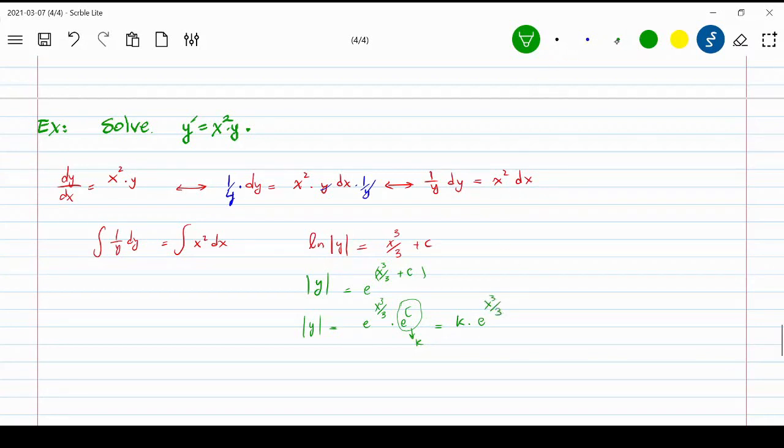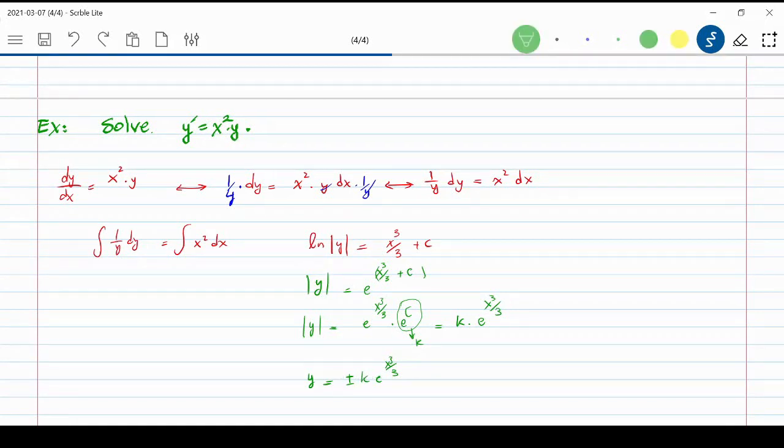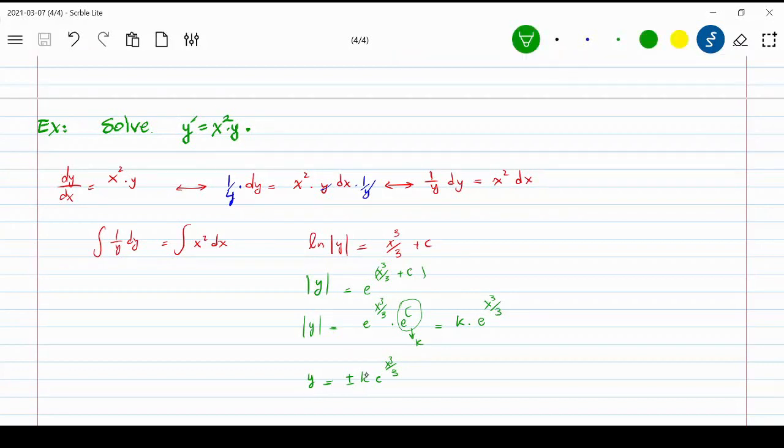And what would y be in this case? Because we want to get rid of the absolute value, y would be plus or minus k e to the power x cubed over 3. You notice that one of the easy things to check is to see if 0 is a solution. So here, you can let k be 0, then y equal to 0 would be a solution to this equation. In other cases, if you let k be a positive or negative number, it doesn't really matter.